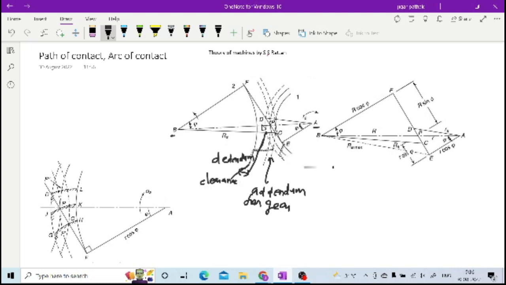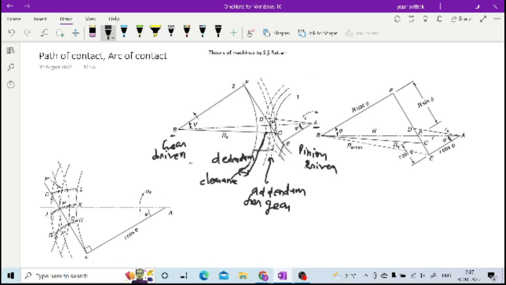So this is how you have this point F on the base circle of your gear, and this point E on the base circle of pinion, right? You can say this is the pinion, and this is the gear. Pinion is your driver, and gear is driven.